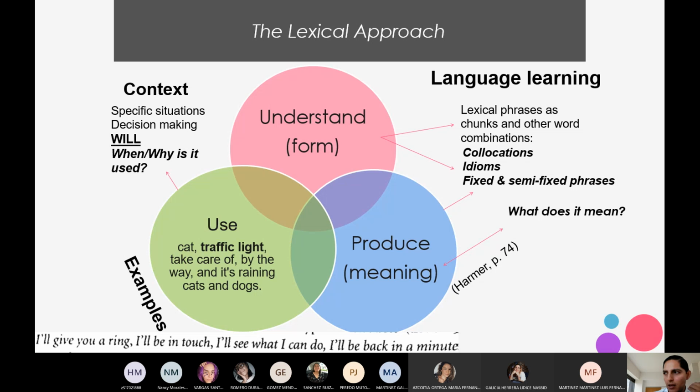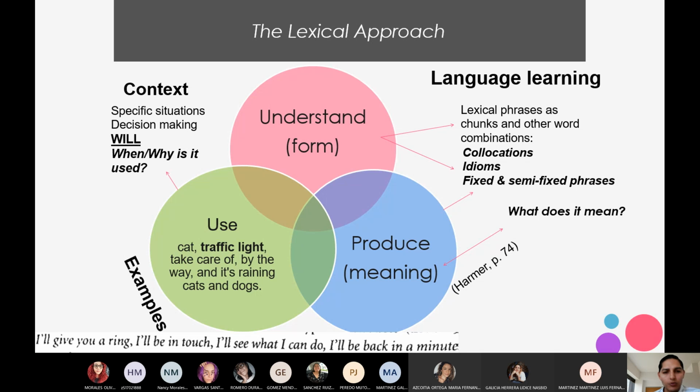So they are presented with words, they know their form, they also go through the meaning, they need to know what it means, and they need to know how to use the word. Okay.